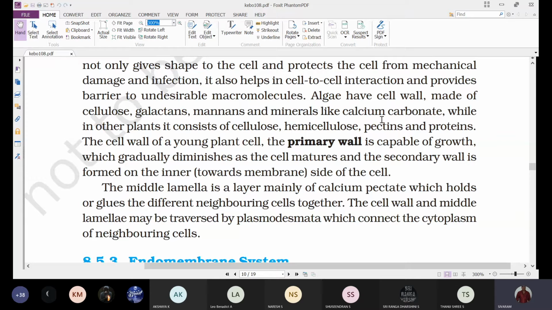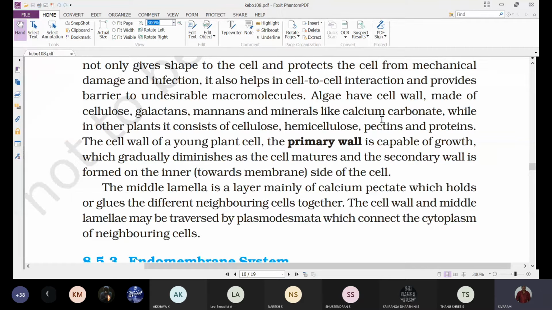Only the parenchyma cells, which consist of primary cell wall material as cellulose, can retain the property of cell division. That means they can undergo de-differentiation to transform into cambial cells or lateral meristem to undergo secondary growth. We can understand from here.